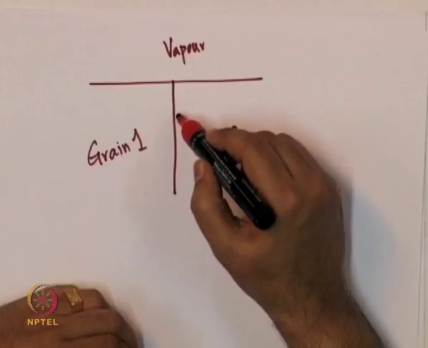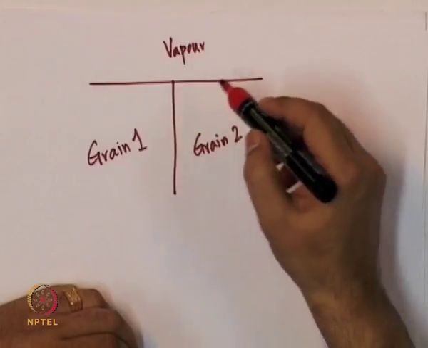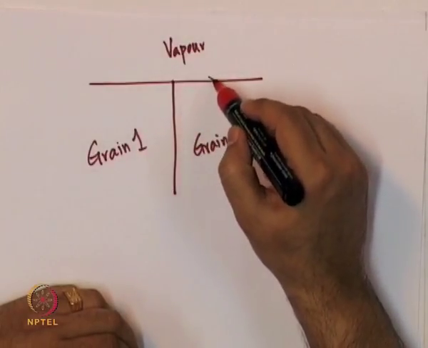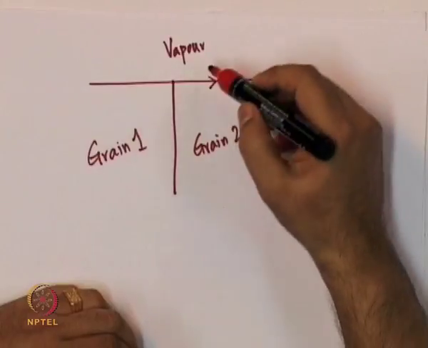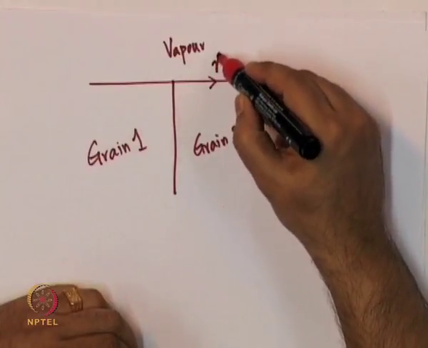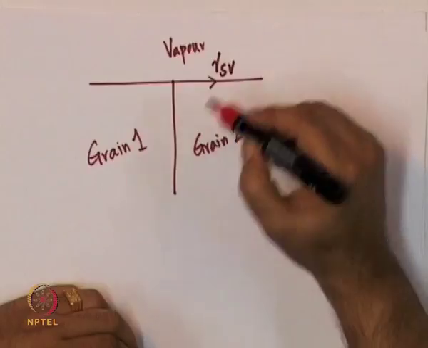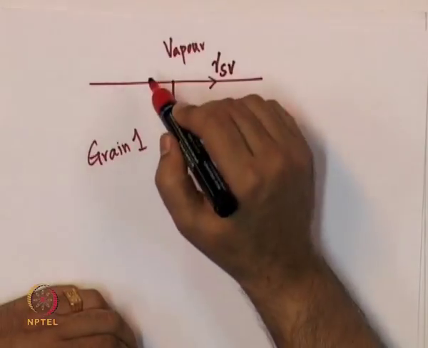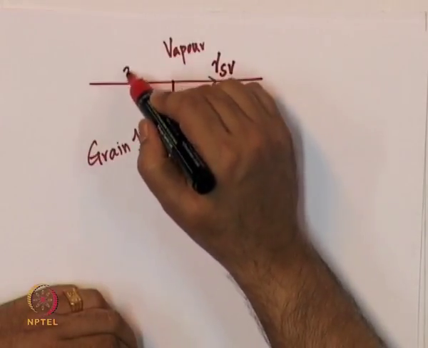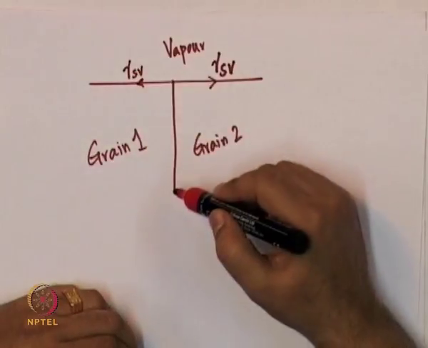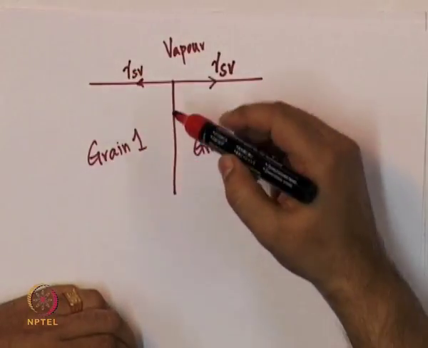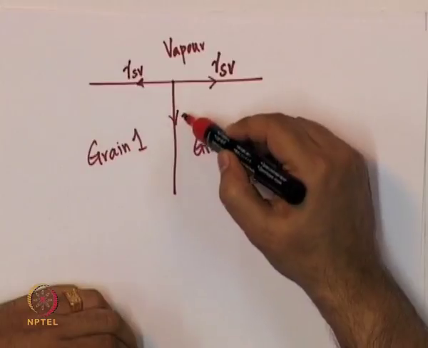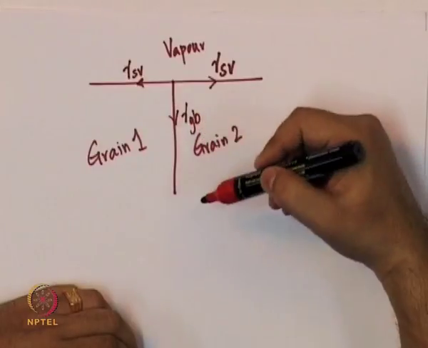So, this is a grain boundary and obviously, this surface has an interfacial energy, let me call that gamma surface vapor, and similarly this has gamma surface vapor and this has gamma grain boundary.